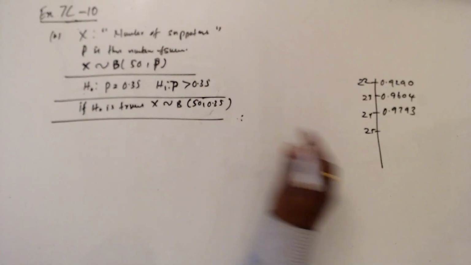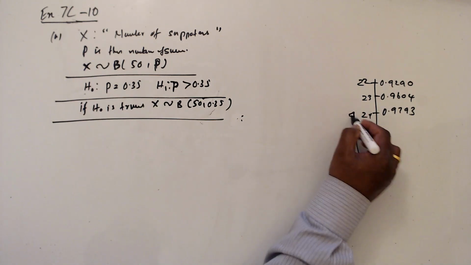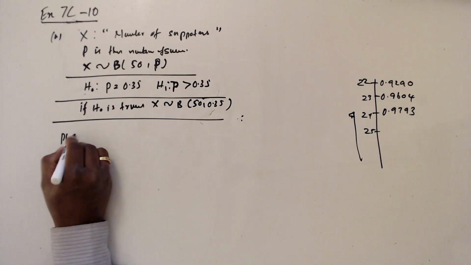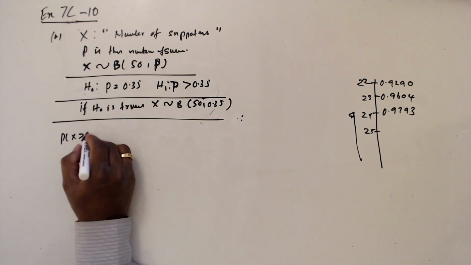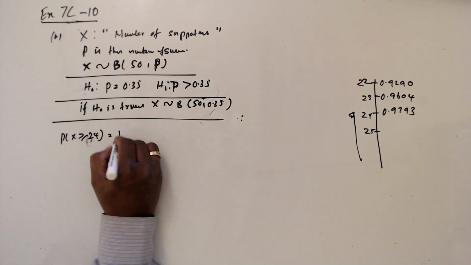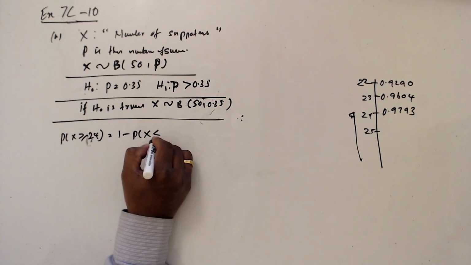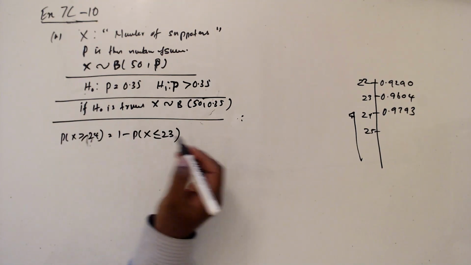Let's calculate up to here. Probability of X greater than or equal to 24 is 1 minus probability of X less than or equal to 23.